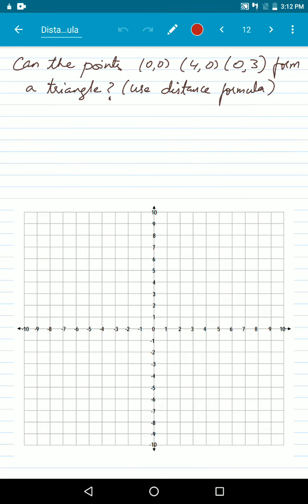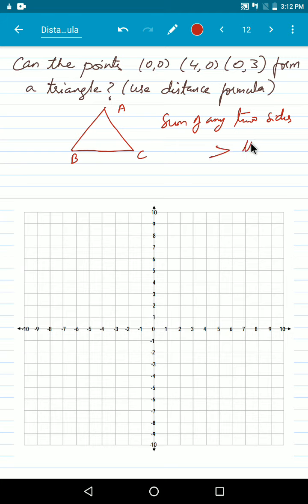Now, can the points 0 comma 0, 4 comma 0 and 0 comma 3 form a triangle? Use distance formula again. We forget one basic property of a triangle, that is sum of any two sides should be greater than the third side.